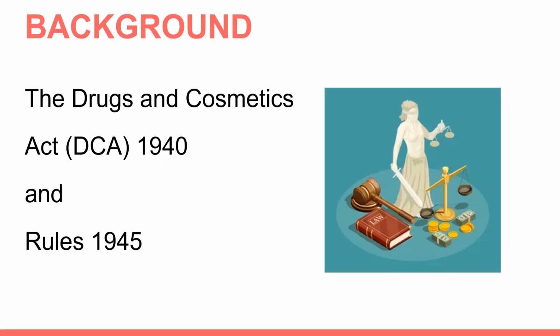The Drugs and Cosmetics Act 1940 states different forms related to manufacture of drugs. The Drugs and Cosmetics Act was passed in 1940 and rules under the Act came into force in 1945.